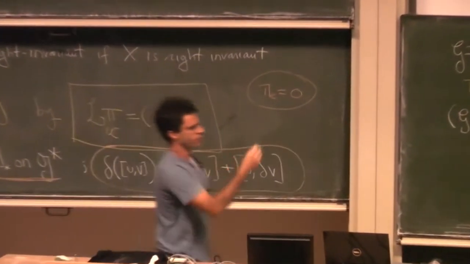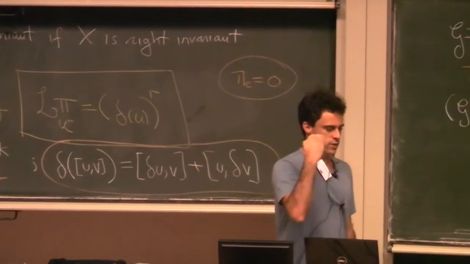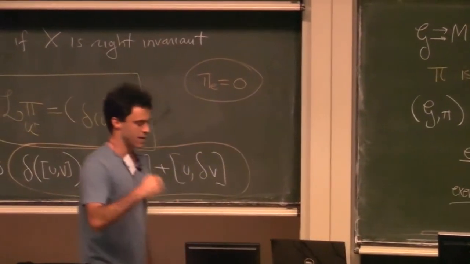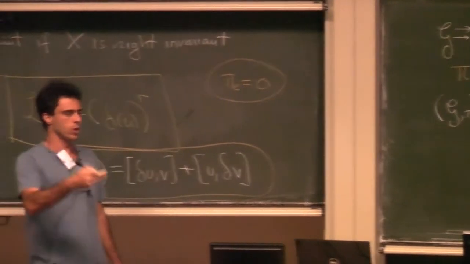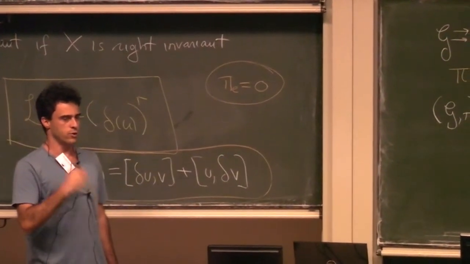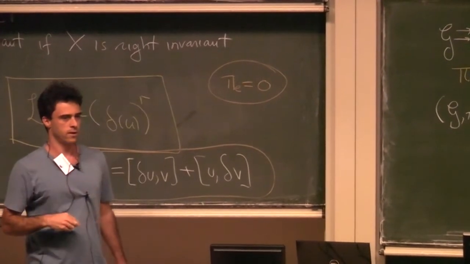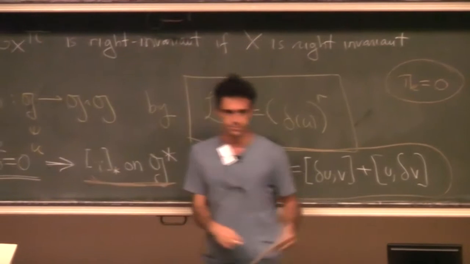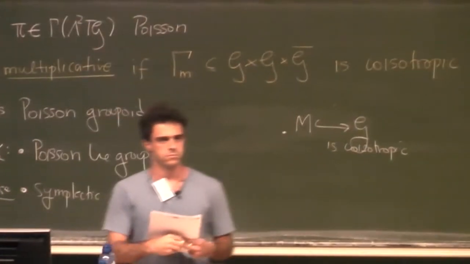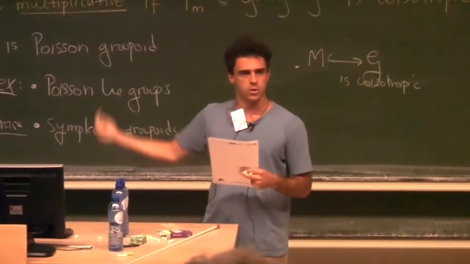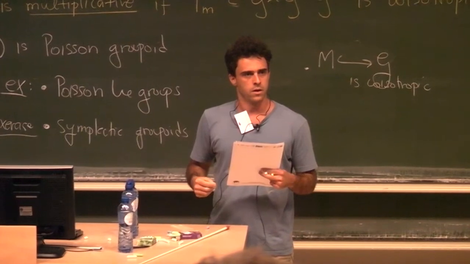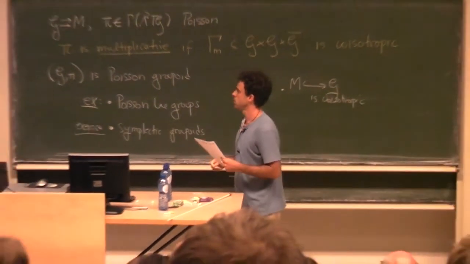And by what I said before, just by general Poisson geometry, this induces a Lie algebra structure on the dual of that tangent space, which is the conormal bundle of the point. And that's the same thing. So the cohomology of this complex is going to be the Lie algebra cohomology.